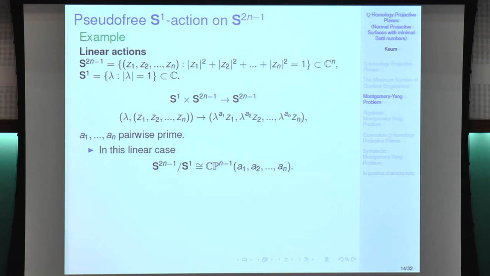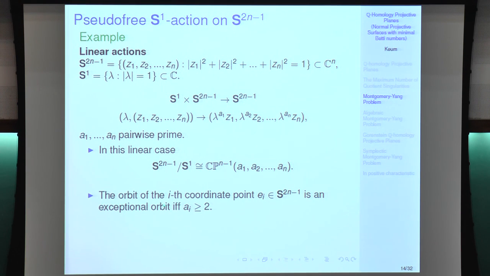So basically, the classification of pseudo-free circle actions on S^(2n-1) is nothing but how to measure how far your action is from this standard example. The orbit of the ith coordinate point is an exceptional orbit if and only if Ai is bigger than or equal to 2.